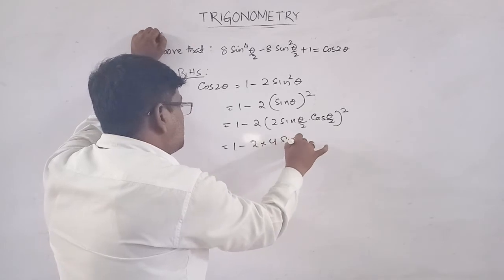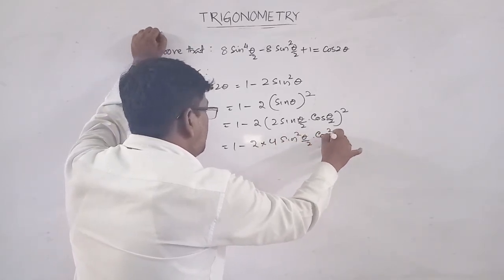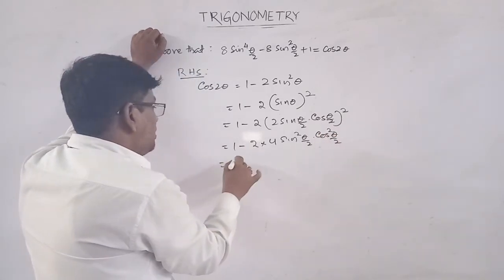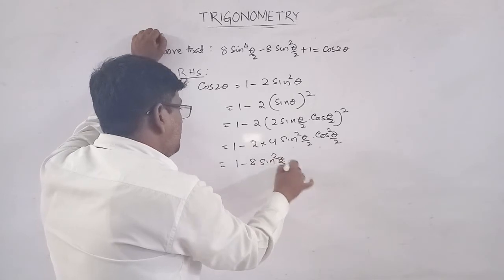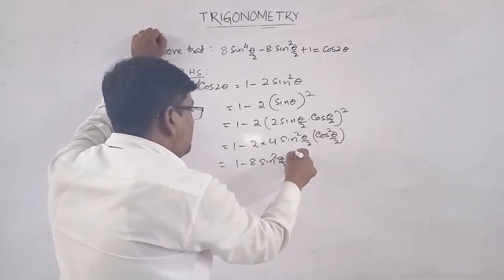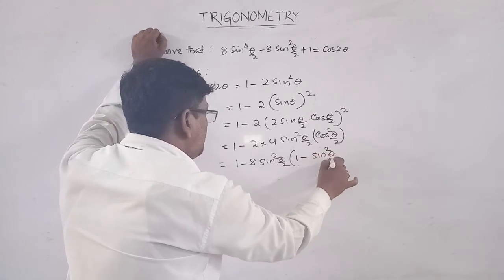4 sin square theta by 2 into cos square theta by 2. So 1 minus 8 into sin square theta by 2, and this is cos square theta by 2, which means 1 minus sin square theta by 2.